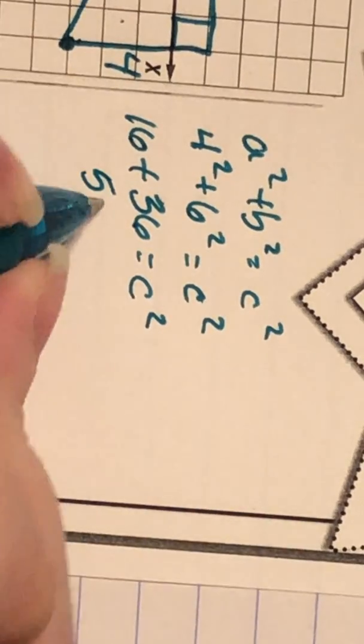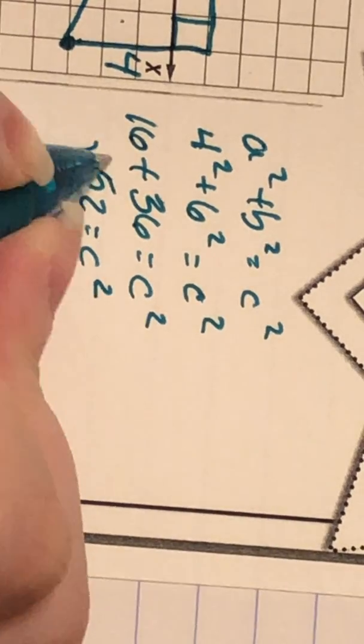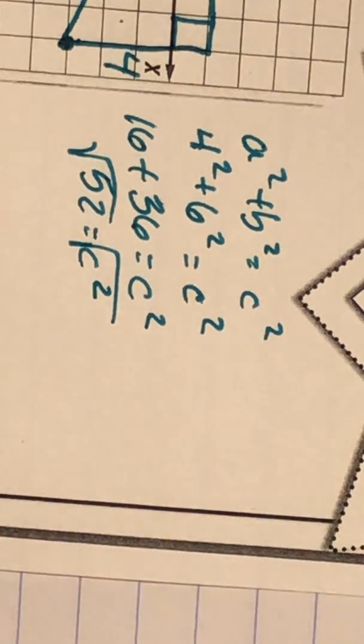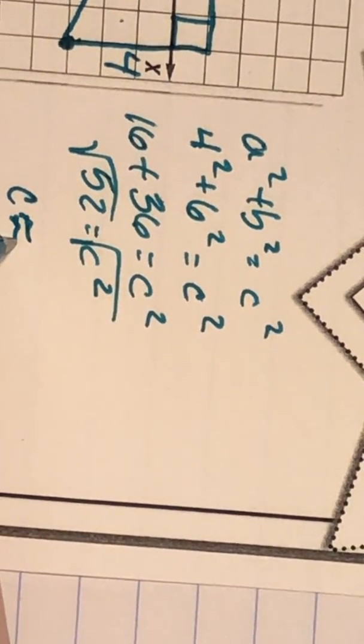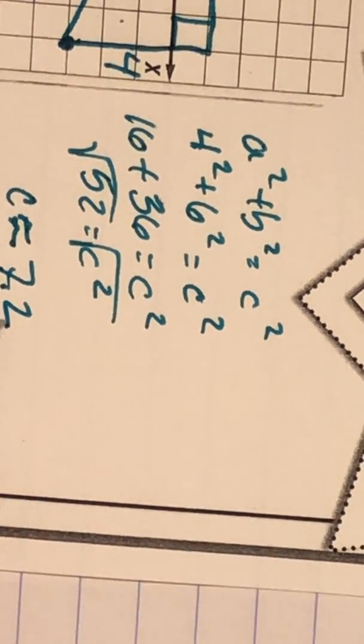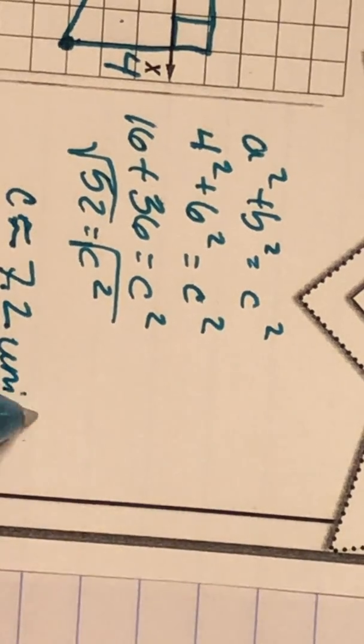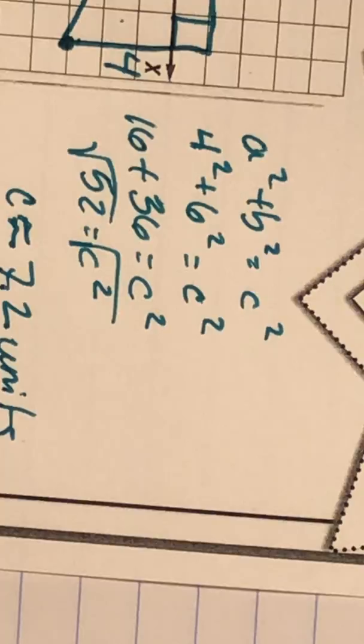Which gives me 52. I square root both sides. So C is approximately 7.2 units. And that is the end of lesson 5.